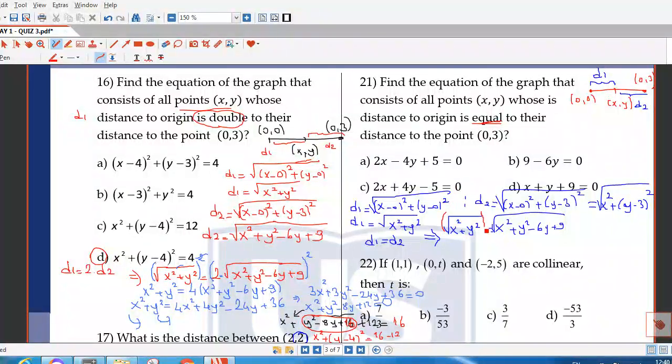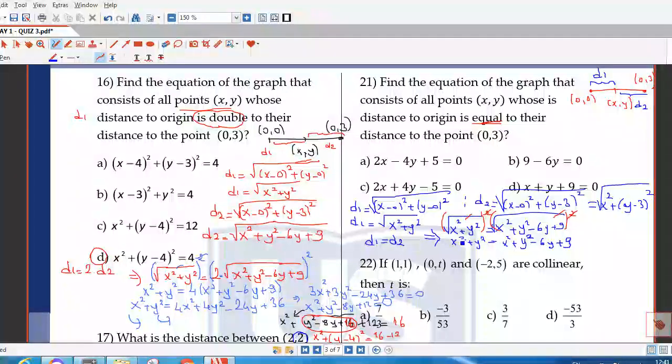If I take square of both sides, the equation is going to be x to the power of 2 plus y to the power of 2 is equal to x to the power of 2 plus y to the power of 2 minus 6y plus 9.